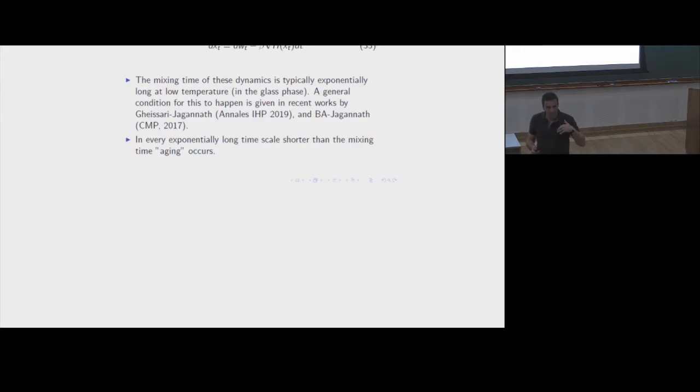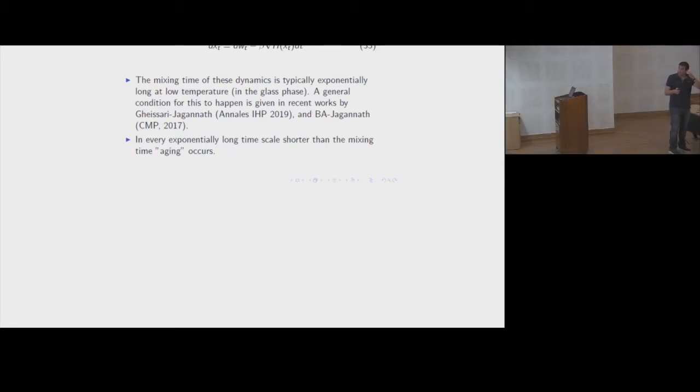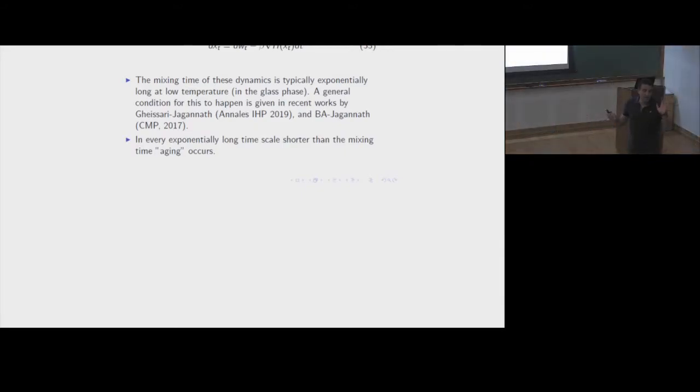Very long time scales, but not yet enough to get to equilibrium. Physicists usually call that activated dynamics, and I don't understand why, but you probably do. I don't know what activates anything, but anyway. By the way, if somebody understands, please tell me.